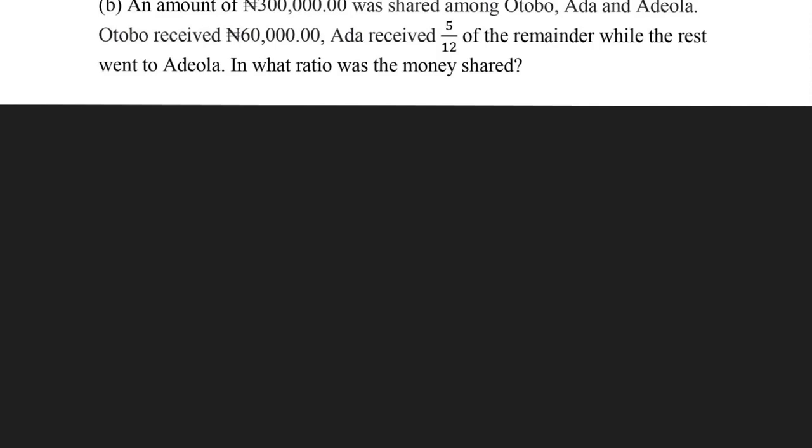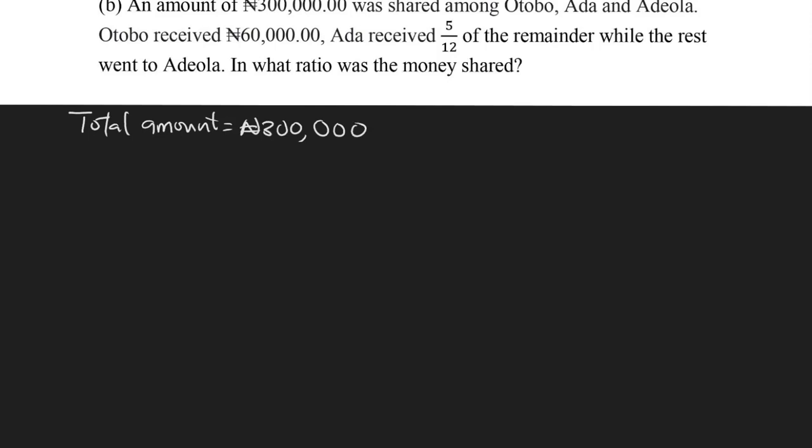So, from the question, we are aware that the total amount is 300,000, right? So we say total amount 300,000.